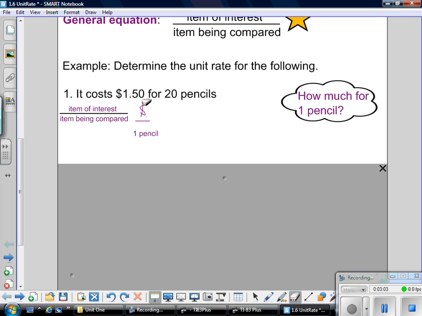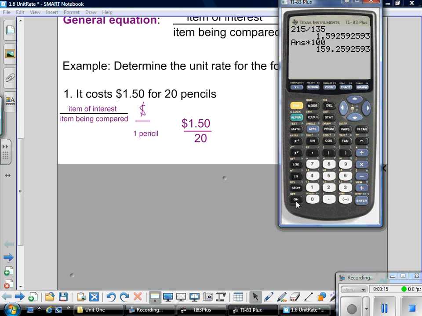It's actually quite easy. You take the dollar amount, which is $1.50, over 20 pencils, and all it is now is a dividing question. We bring up our calculator and do $1.50 divided by 20, and we end up with 0.075.